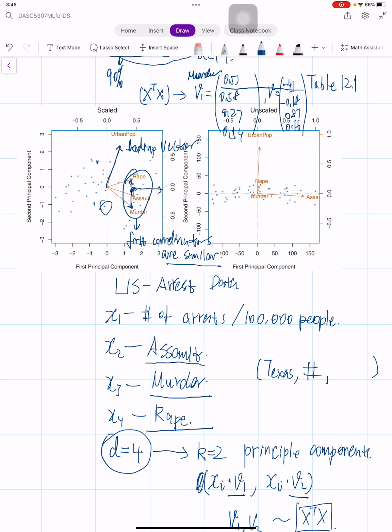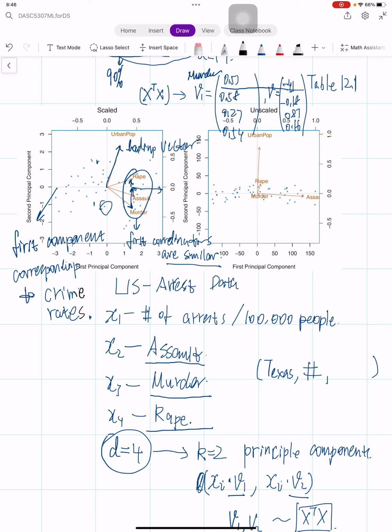Which means the first component probably corresponds to the overall rate of crimes, the crime rates.